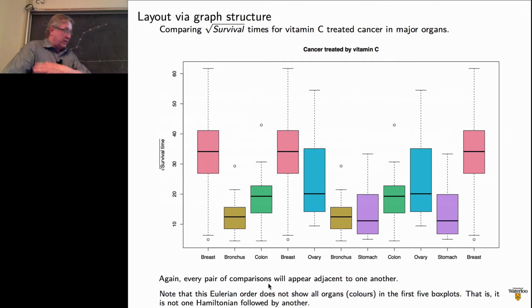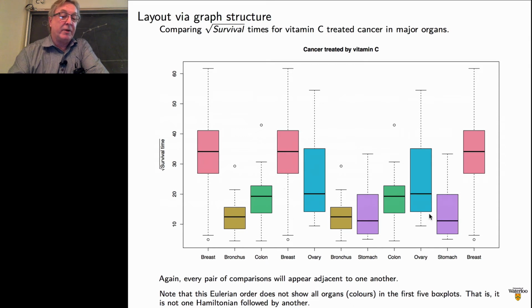So just getting that Eulerian says, okay, you get all of the pairwise comparisons in one plot, which works pretty well for small numbers like 5 anyway. Another thing to notice is that you don't see, in the first 5 comparisons here, the first 5 organs here, all colors.